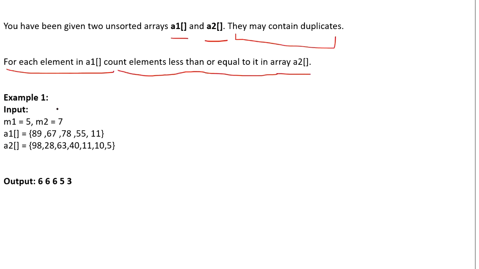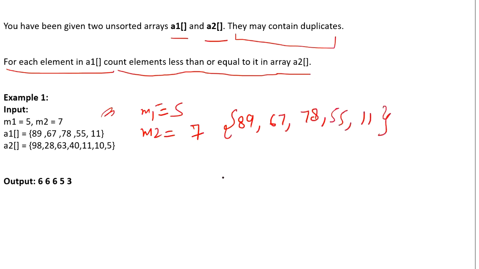So in the input we are getting M1, M2. M1 is the size of A1, that is 5, and M2 is the size of A2, that is 7. A1 has elements 89, 67, 78, 55, 11, and A2 has elements 98, 28, 63, 40, 11, 10, 5, right?